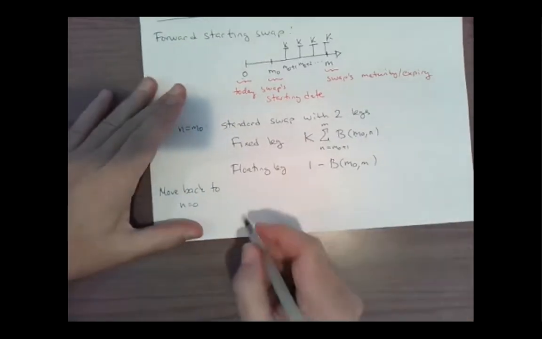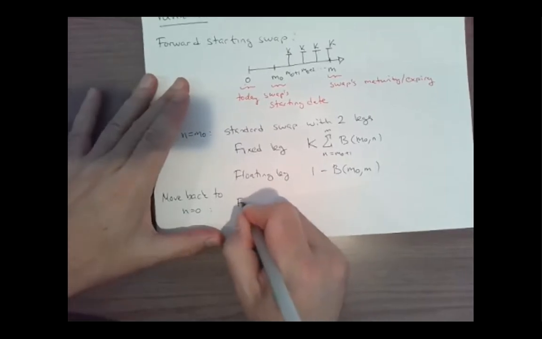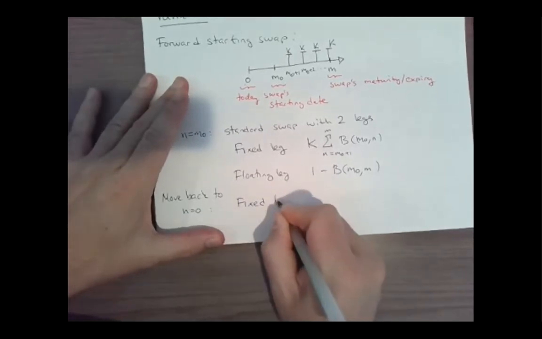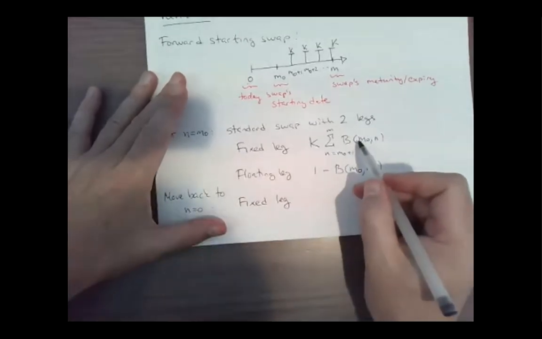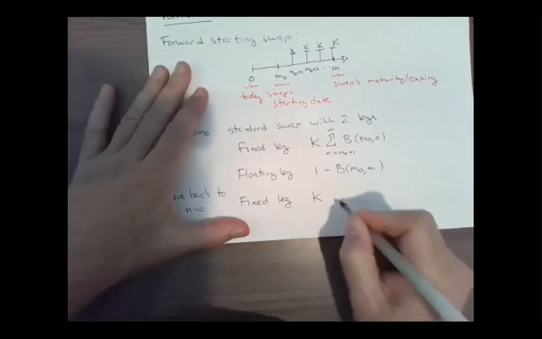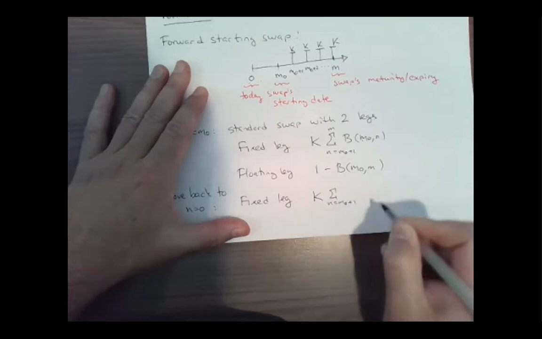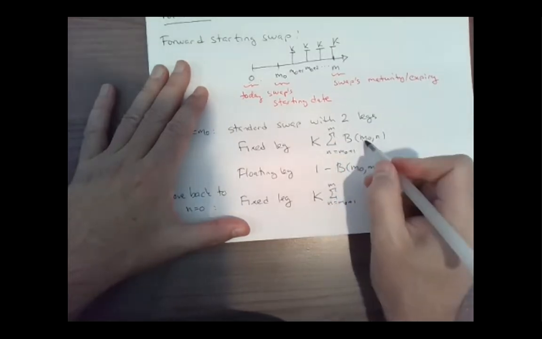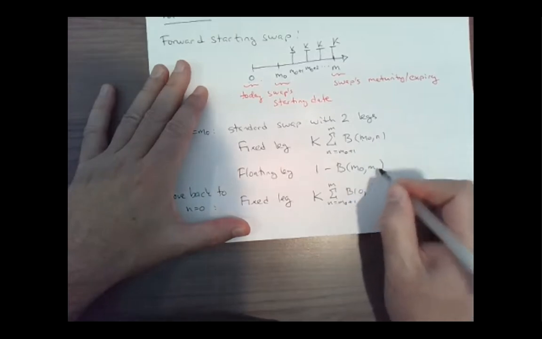When we have two legs, we'll have the fixed leg. Now we're just going to move it back to time 0. So that will be k sum. Then instead of the value of the zero coupon bond at time m0, it'll just be the value of the zero coupon bonds at time 0.